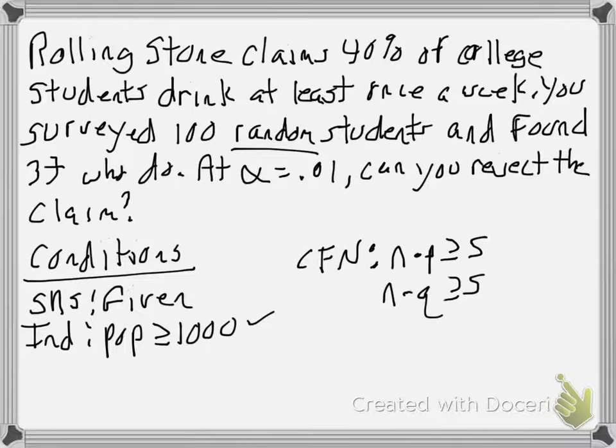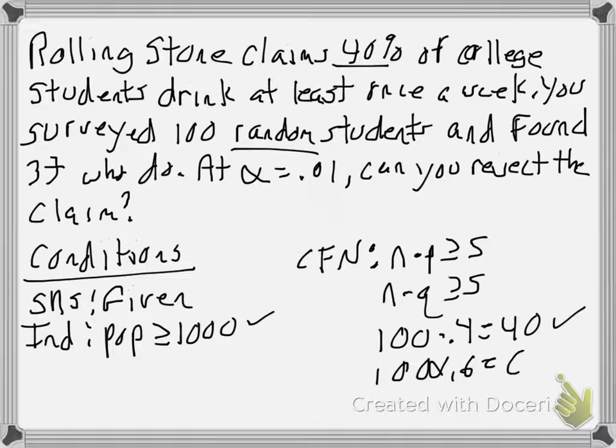Okay, so n is 100 times p, our probability is 40%, so 100 times 0.4 is indeed 40. That's greater than 5. And then we have 100 times 0.6, which is 60. That is also greater than 5. So we are in good shape as far as normality goes. We made a big enough survey.